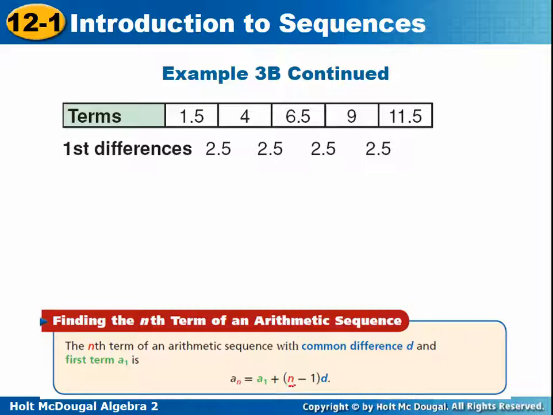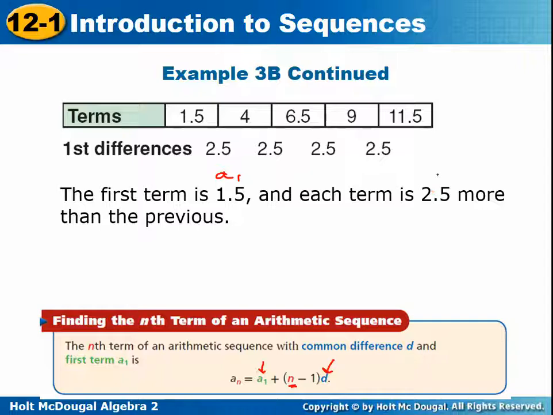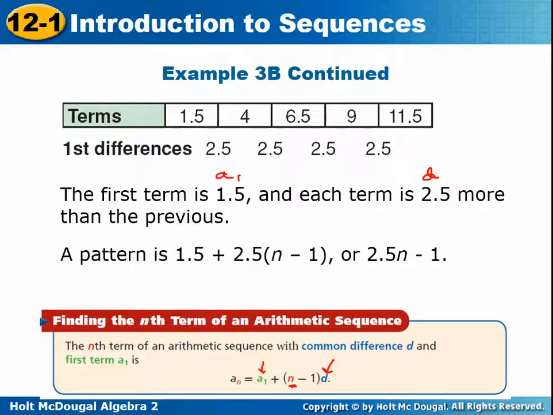The n will stay in your formula, minus 1 times d. So we'll replace the a sub 1 and we'll replace the d. The n will stay and we'll leave the a sub n at the front. Okay, so the first term, that's our a sub 1. Each term is 2.5 more than the previous. That's our d. So we plug those into the formula, and we get that.